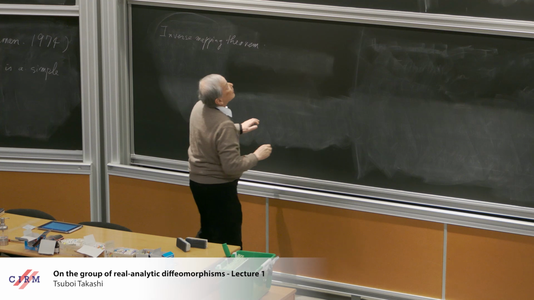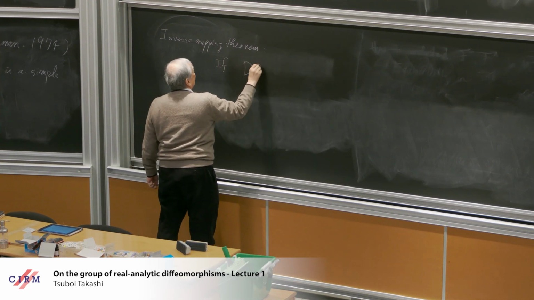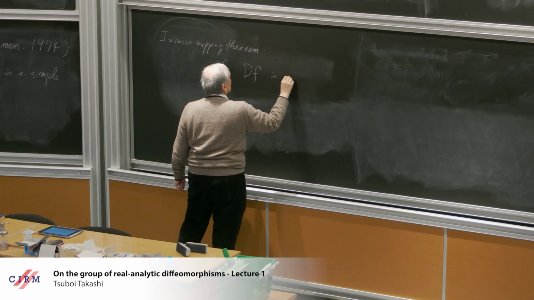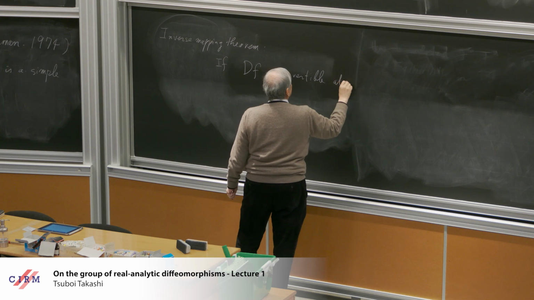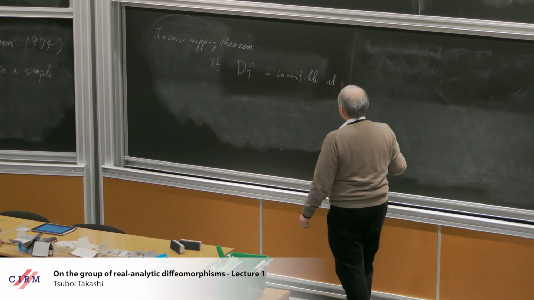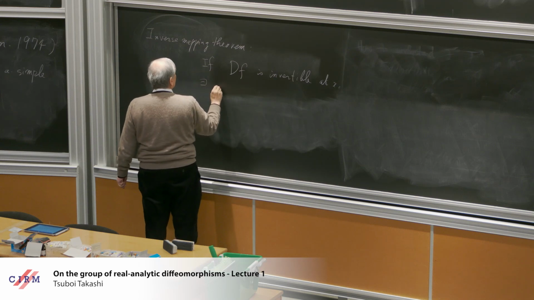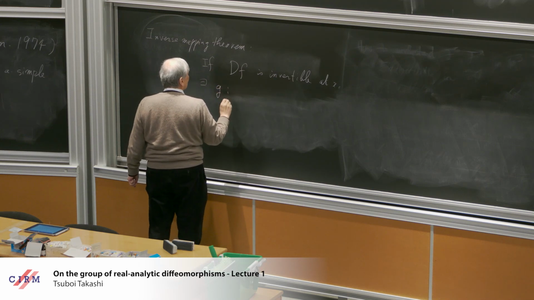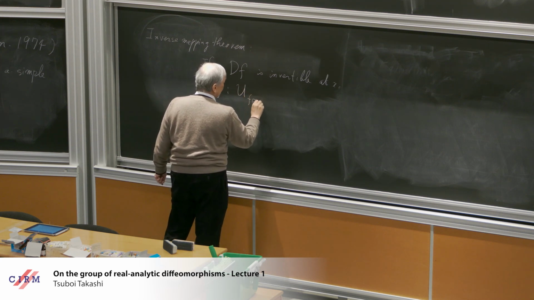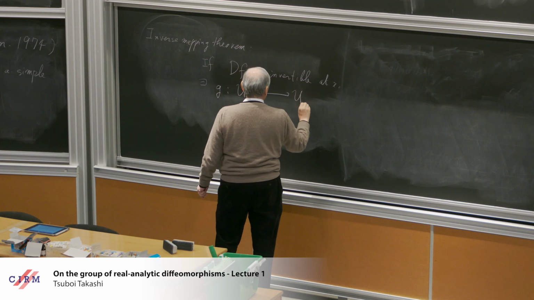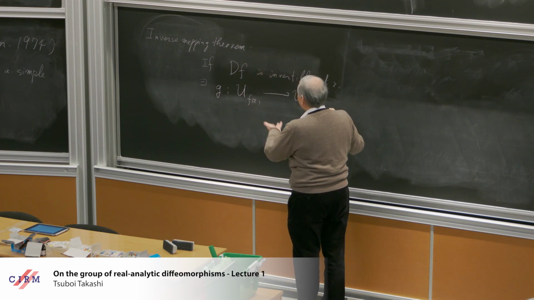Usually, if df is invertible at x, there exists G from some neighborhood of f of x to a neighborhood U of x, such that it is the inverse map.